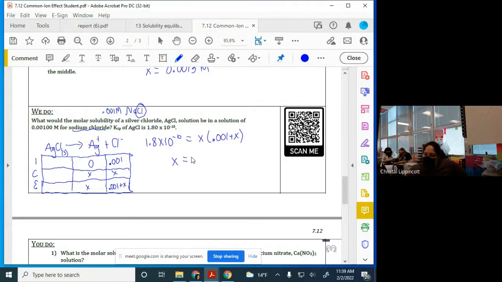Wait, did you figure out how to fix the calculator with the equation solver? Yes. How do you do it? So when you type in your thing and you hit solve, and it comes up with x equals, type in a couple zeros there. And then hit solve again.